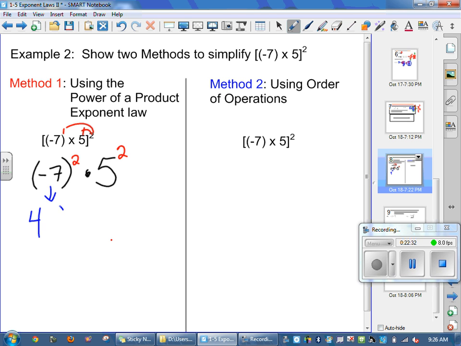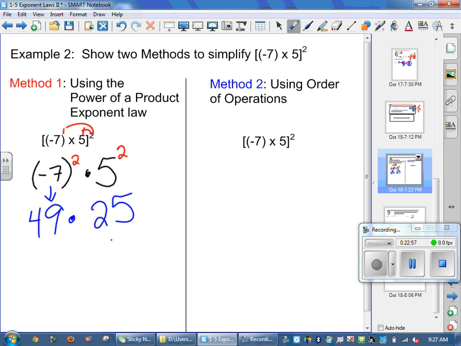So I'm going to have 49 times 25. I want you to multiply 49 times 25 and see what you get. Sure, what'd you get? Yes, 1,225.